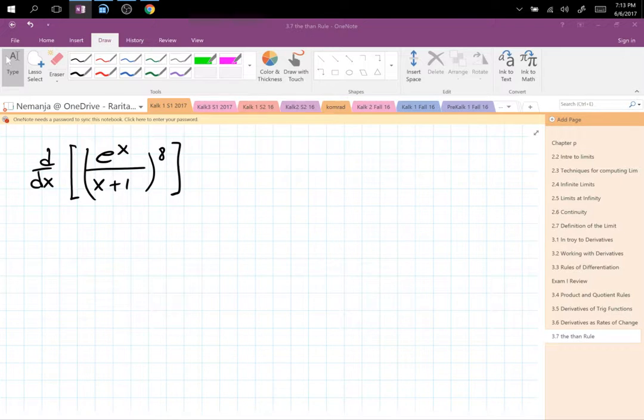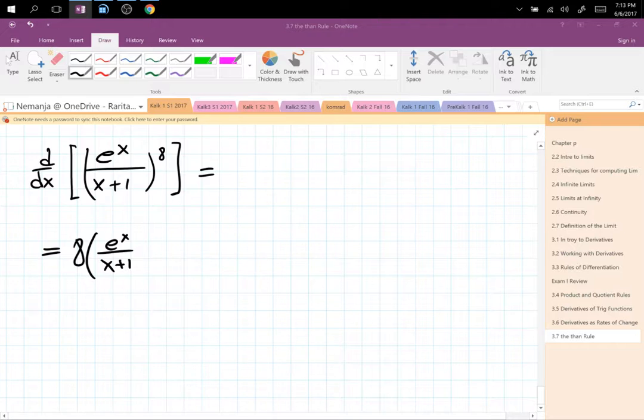What is the boss rule? Product, quotient, or chain? Chain is the boss. And what's plugged in? Quotient. So we have 8 e to the x over x plus 1, to the 7th.